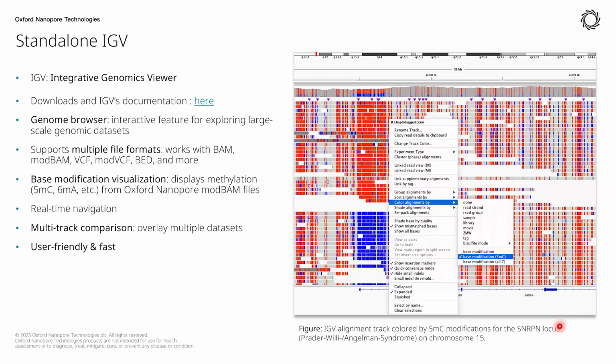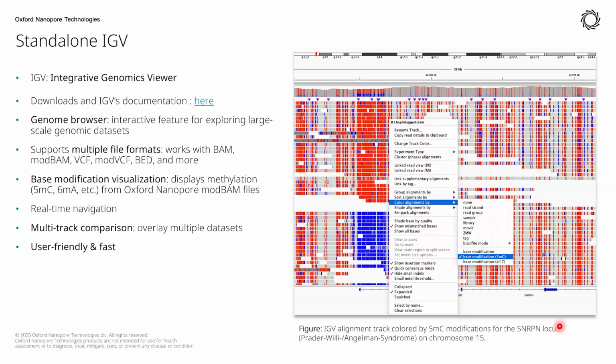Okay, yeah, so as I mentioned, IGV is one of the ways that I will usually turn to once you have an aligned file. It does work with BAM files. It works with VCF files. So you can load up all of your data sets into IGV and look at them all together. Basically, see where you have structural variants or single nucleotide variants being called, and where you have methylation patterns, all at once.